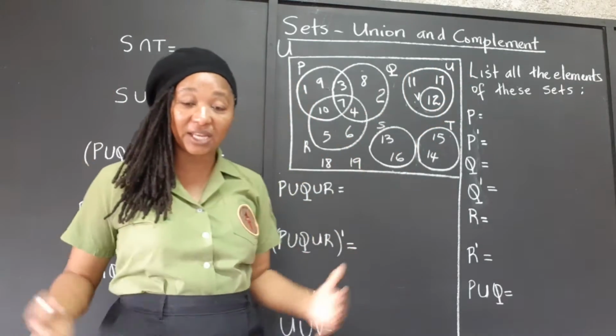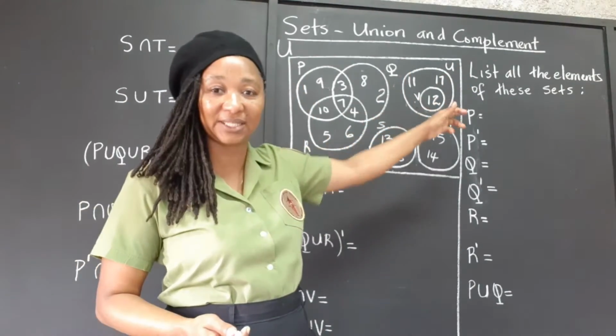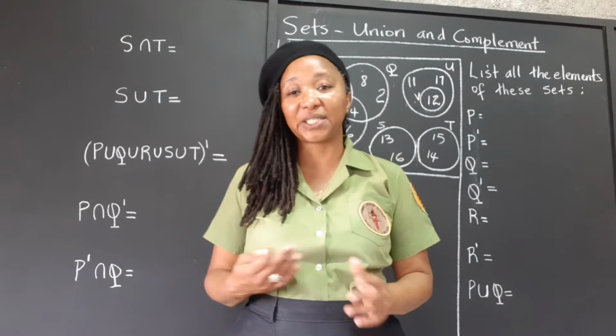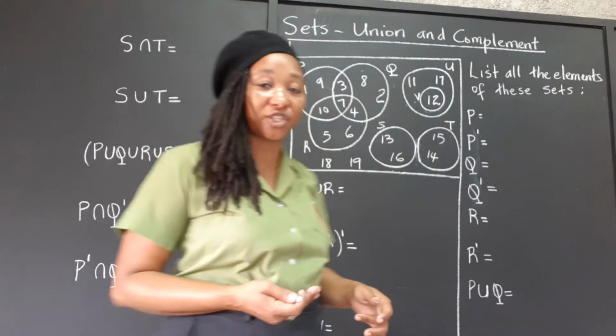So everything in the bigger set, which includes the smaller set, is their union. That's a special case. The subset is a special case of the intersection of sets.